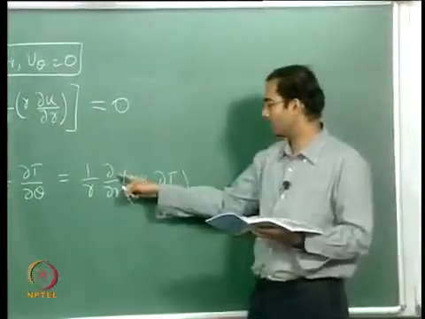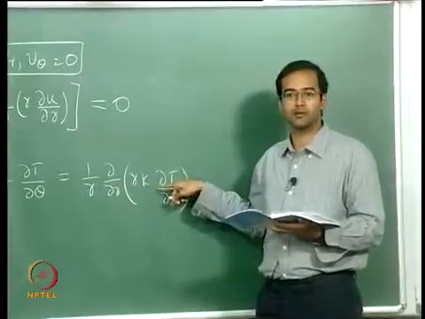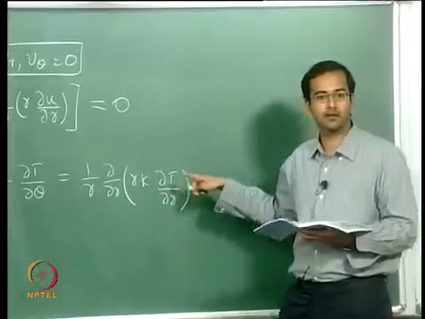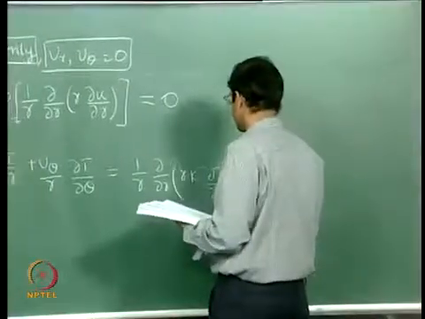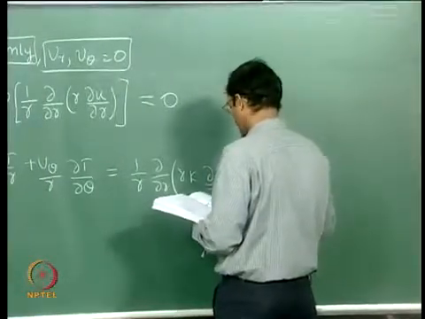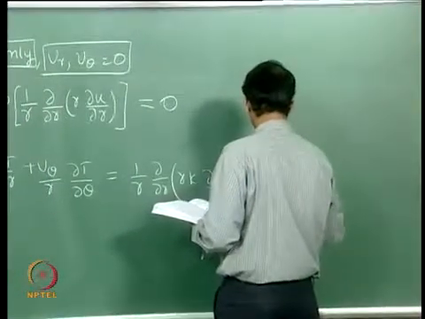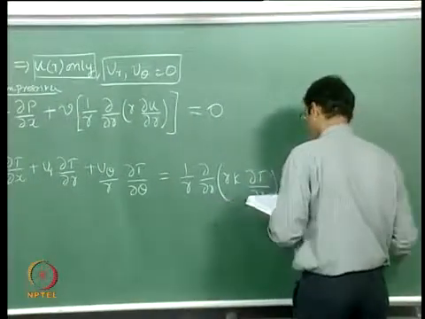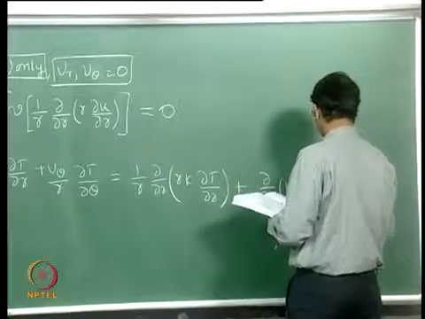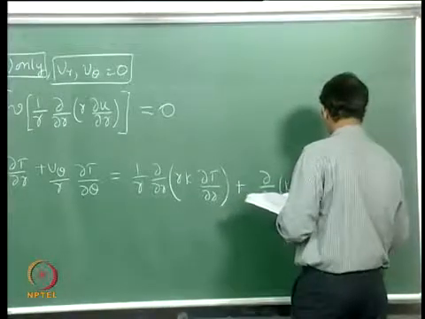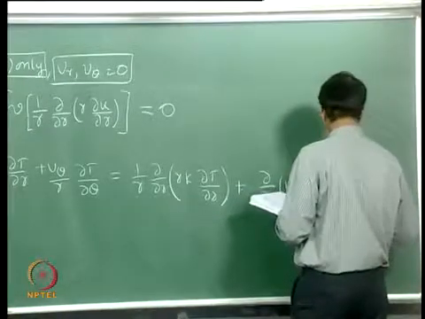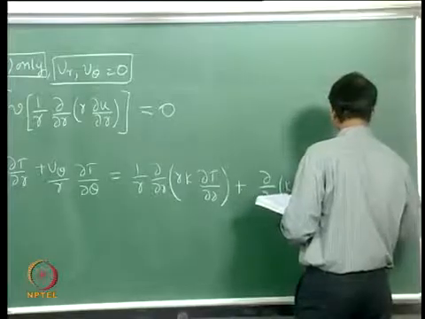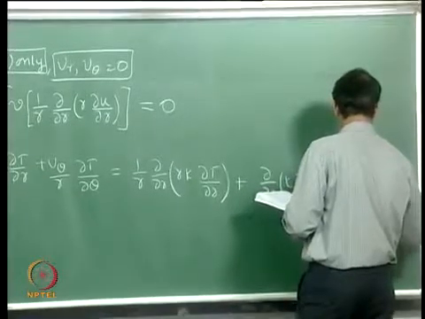So you have 1 by r d by dr of r into qr, where qr is k into dT by dr, plus you have d by dx of k dT by dx plus 1 by r square d by d theta of k into dT by d theta.